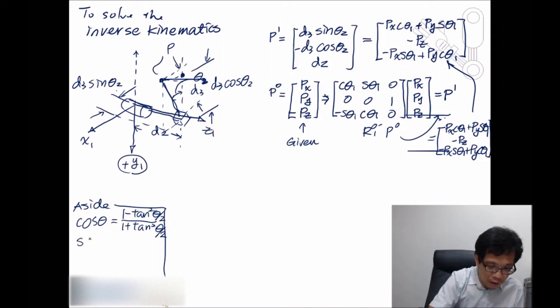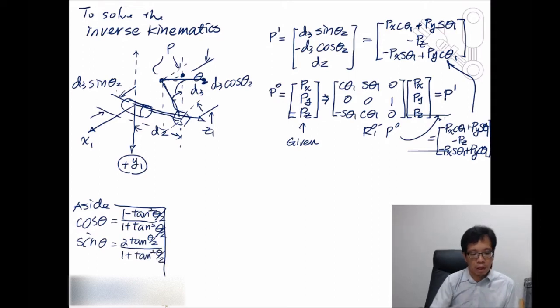And sine theta is actually 2 tangent theta over 2, over 1 plus tangent square theta over 2.